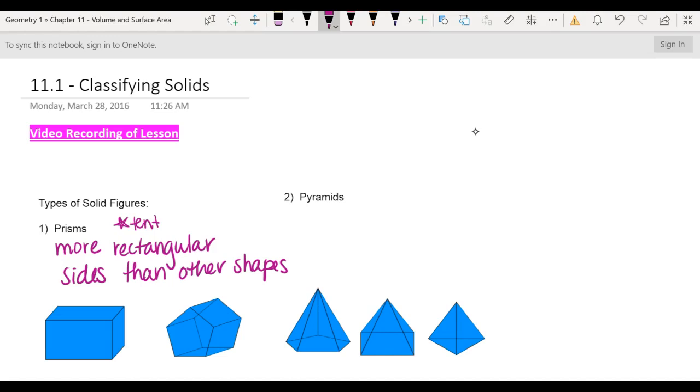Next, we have pyramids. Prisms have rectangular sides. What kind of sides do pyramids have? Triangular. This would be a triangular pyramid because it has more triangles for sides than any other shape. Same thing with this one. We'll pass some of those around.